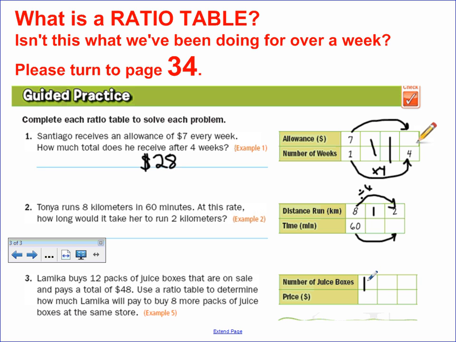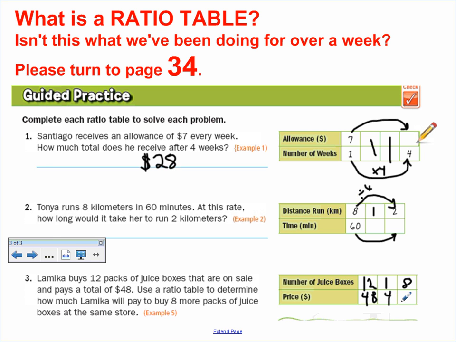12 packs of juice, $48. And they want us to get to 8. See, what I would do with this one is, I know that 12 goes into 48, so I'll divide by 12, right? And now I know that 1 pack of juice costs $4.